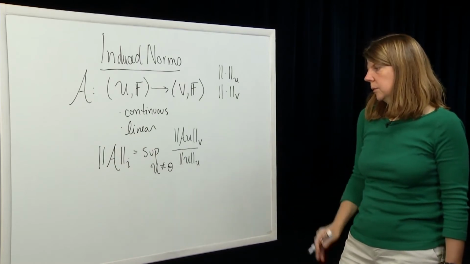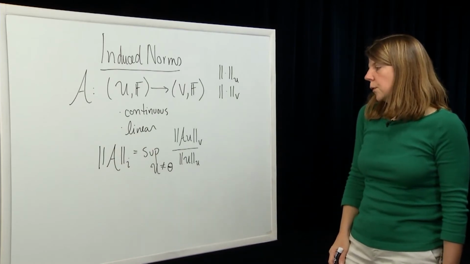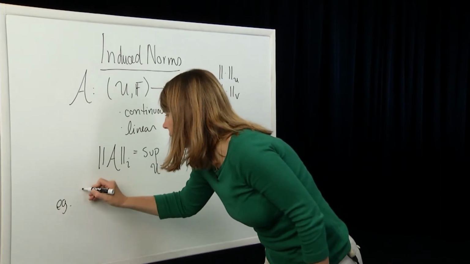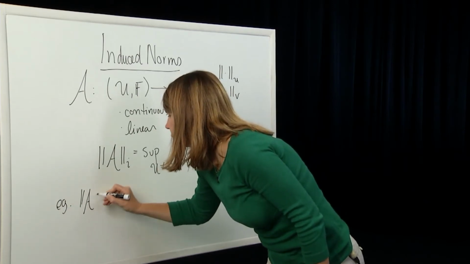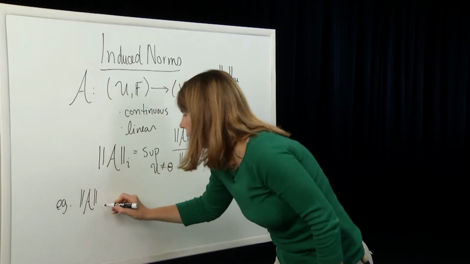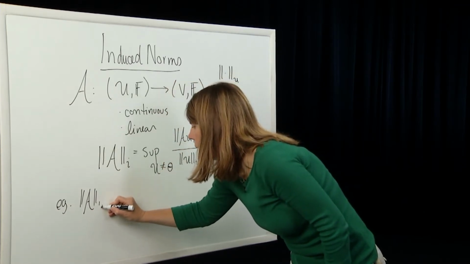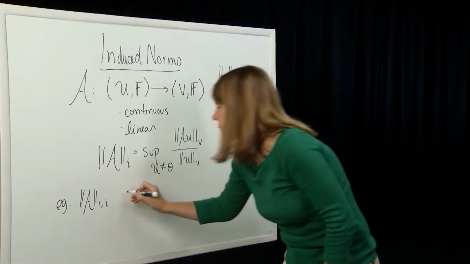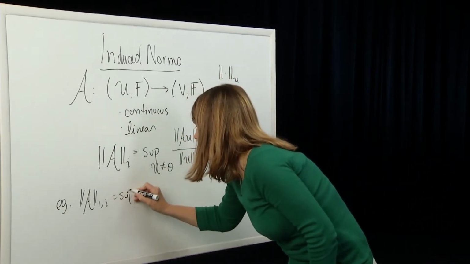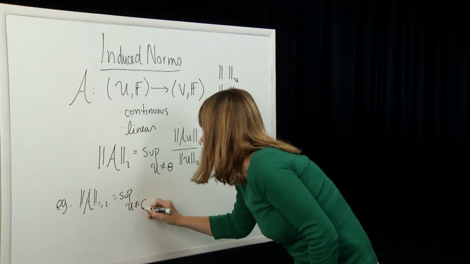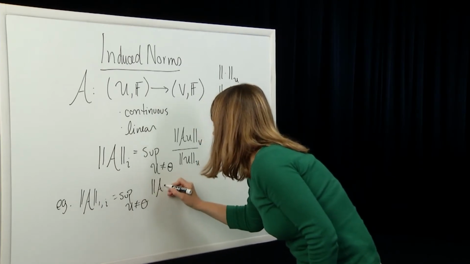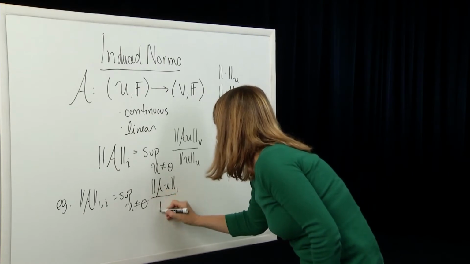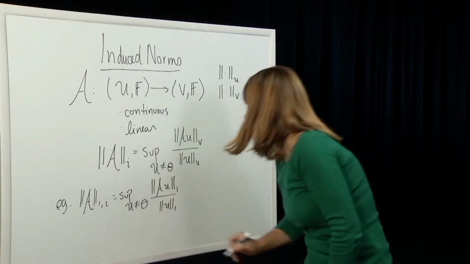So for example, we could then define the induced one norm. So I'm going to use the notation 1, I to mean the induced one norm, and that's simply this expression, the supremum over all U not equal to 0 of AU, and then this would be the one norm over norm U, and that would be the one norm.